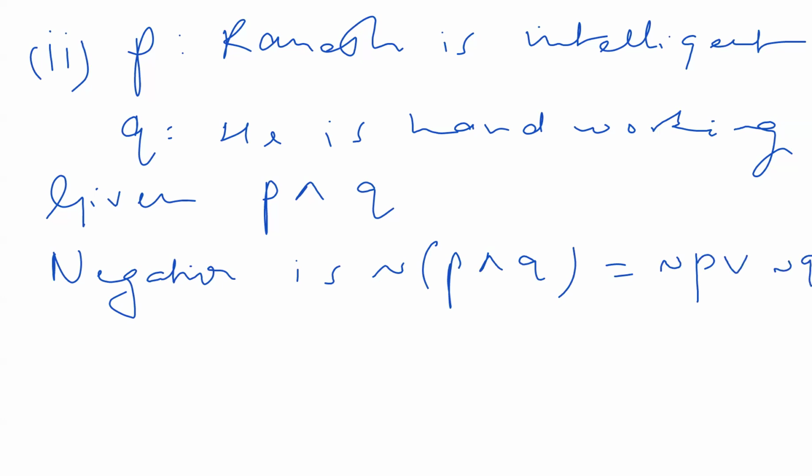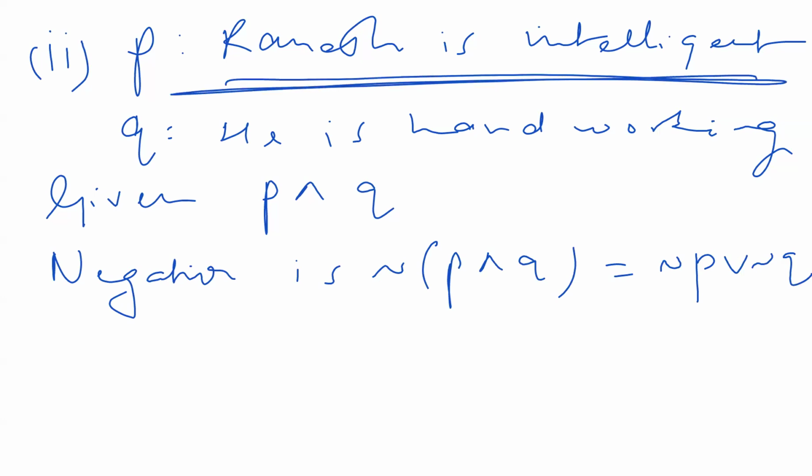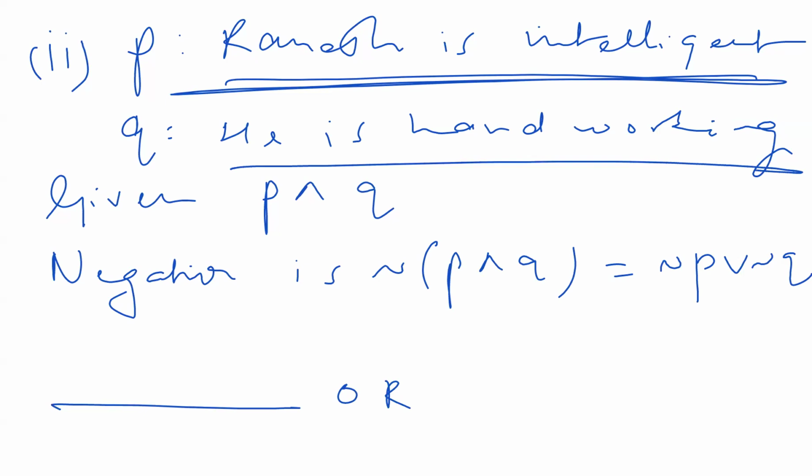Okay, this is negation of and, De Morgan's law. So negation P: Ramesh is not intelligent, or negation Q: He is not hardworking.